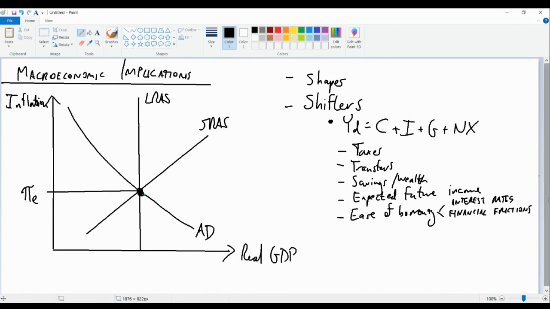The latter, of course, is something the textbook emphasizes a lot. Let me write the word borrowing again. I can hardly read it. Sorry about that. Ease of borrowing.